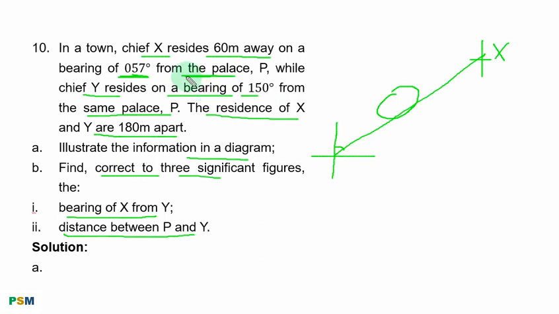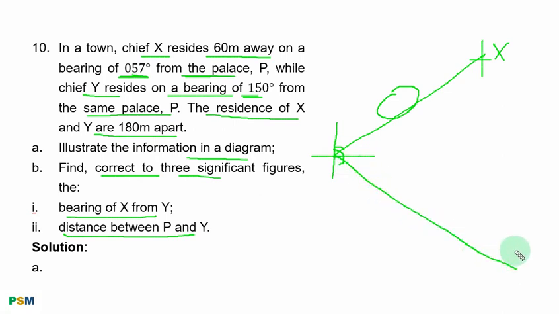From the same palace, Chief Y resides on a bearing of 150 degrees. This value is in the second quadrant, in clockwise direction, that is from the north. If you take it this way, somewhere here is 150 degrees.